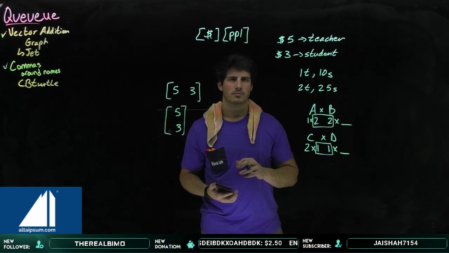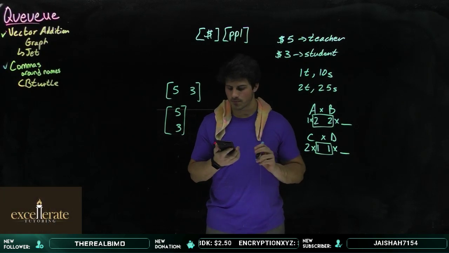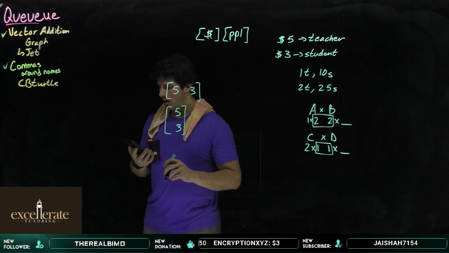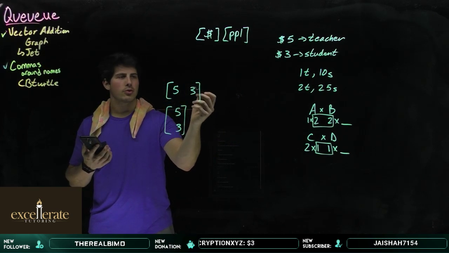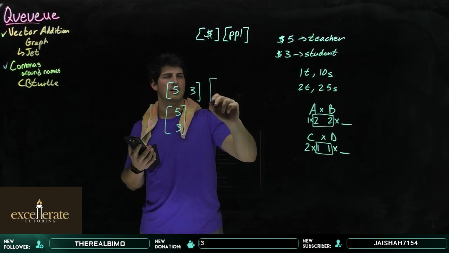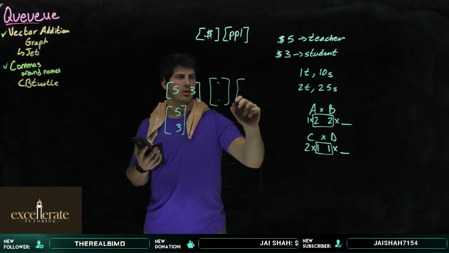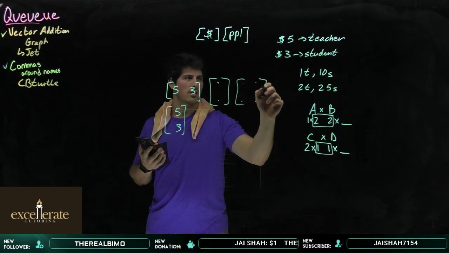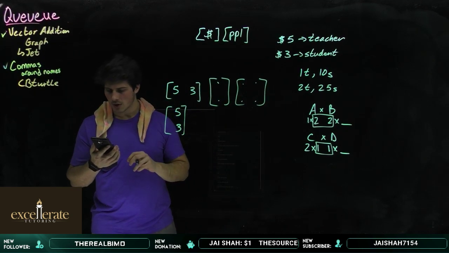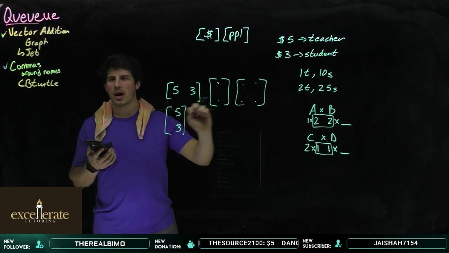So let's look at some of these answer choices. A through C look like this, and they have to be multiplied by something that is at least 2 by something. So A, B, and C, in terms of will it multiply, they are all good.